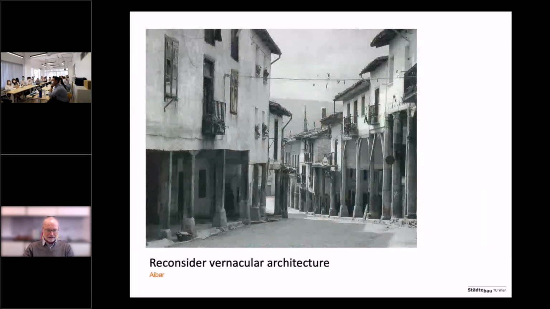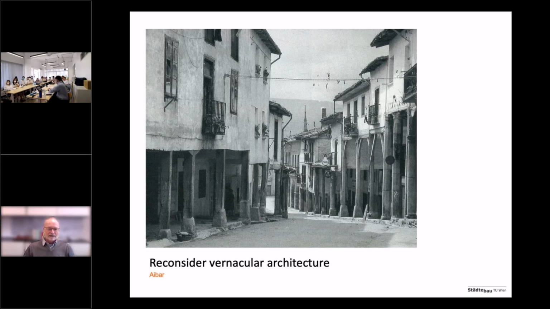And of course, another very important thing, we have to reconsider the qualities of vernacular architecture. People a long time ago knew that it is difficult to live without a lot of energy.